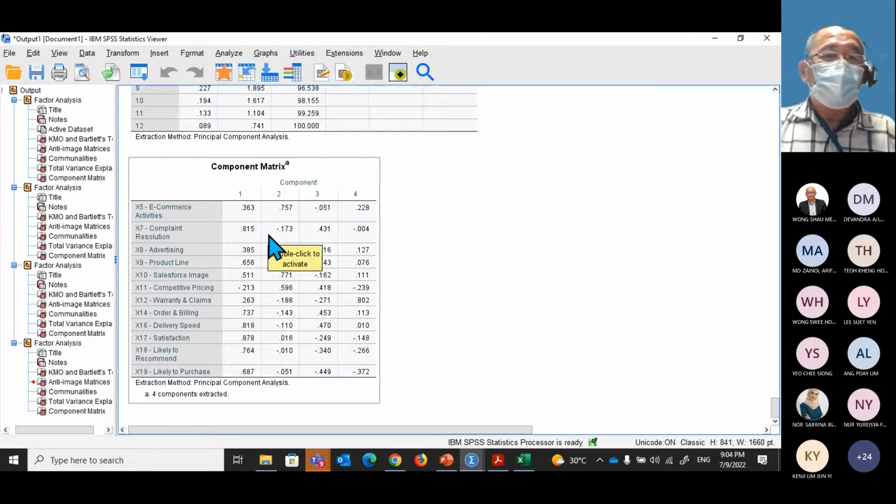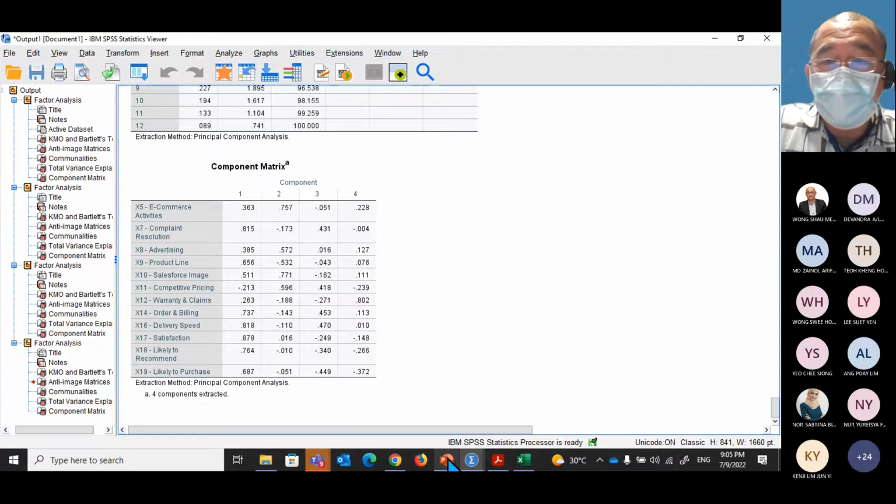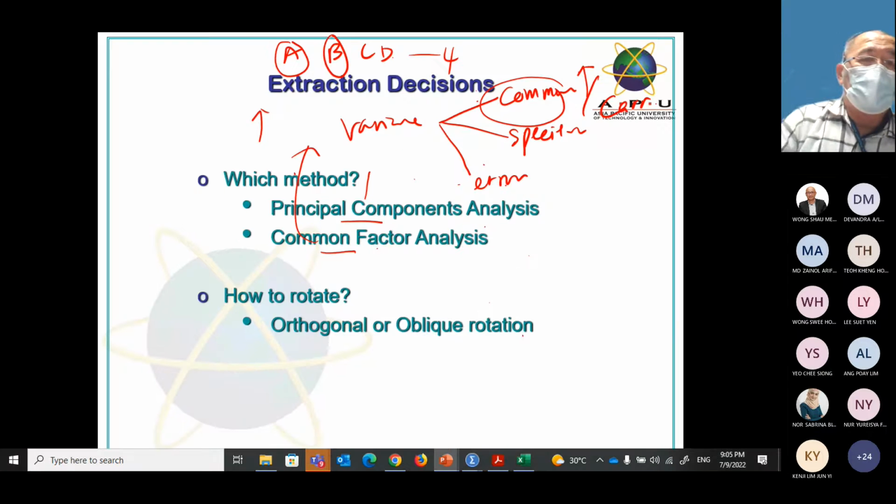This is before rotation. Before rotation is like this. Therefore it's very difficult for us to see which variable belongs to which vector. It's difficult, so we can do rotation. So you see the idea.